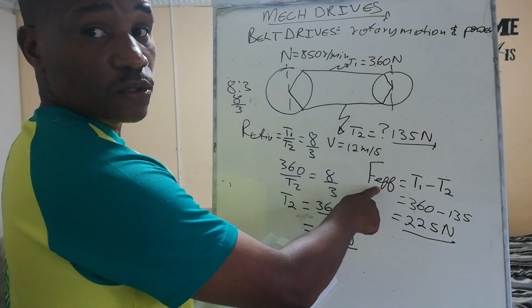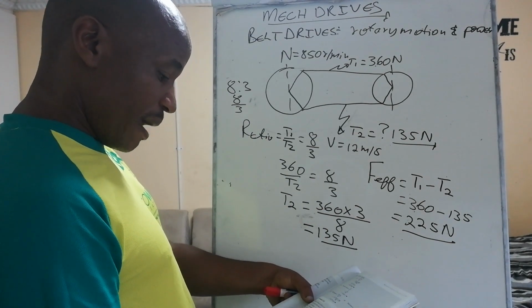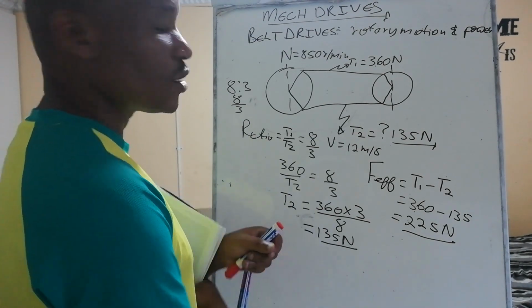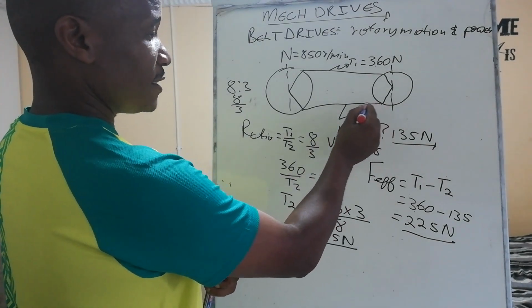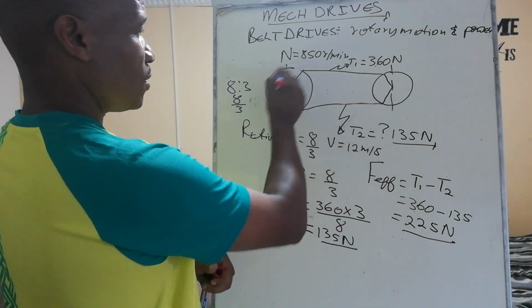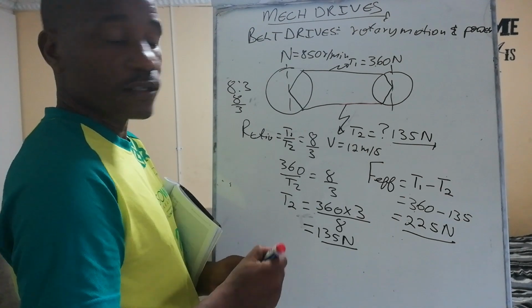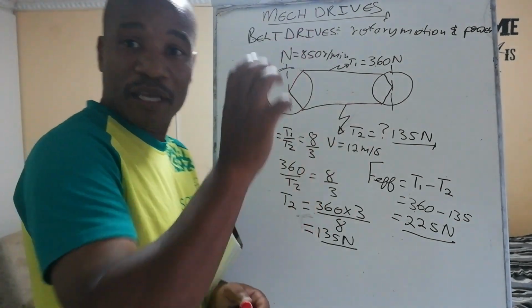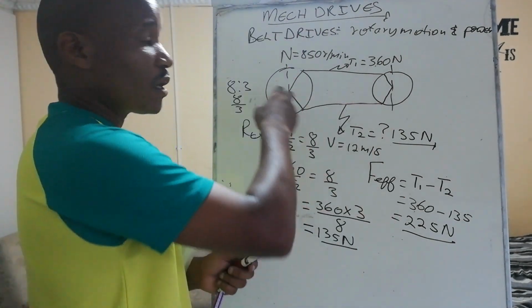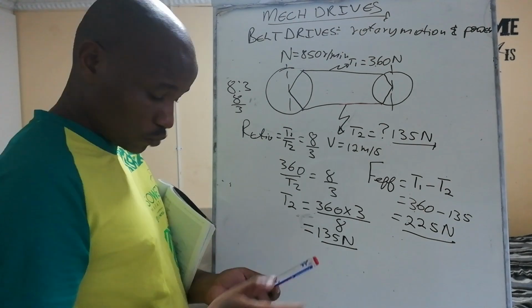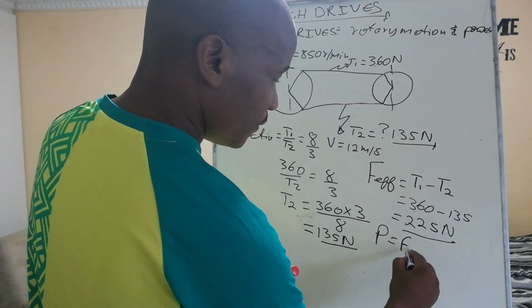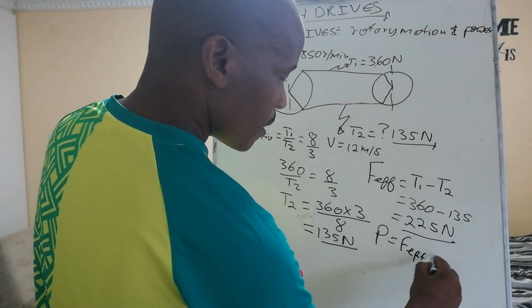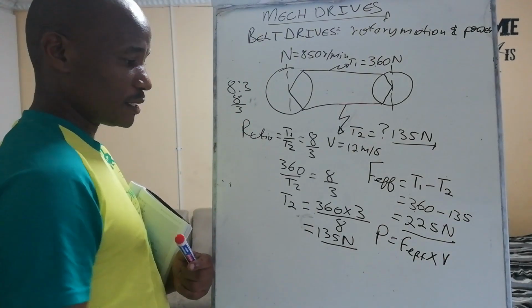Now, the power transferred in kilowatts. The power transferred by this belt from the pulley that has a motor to the one without a motor. We know that power is equal to the effective force multiplied by velocity.